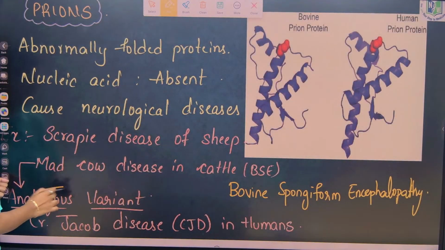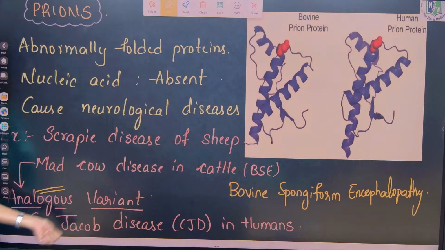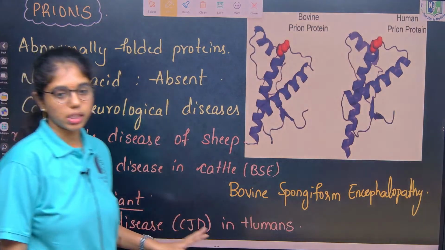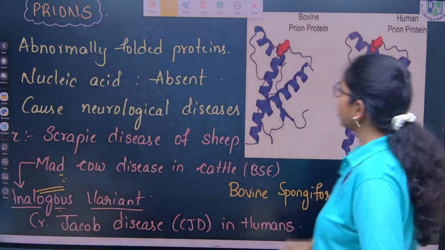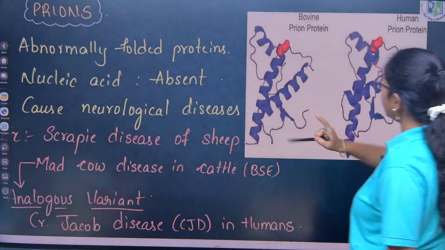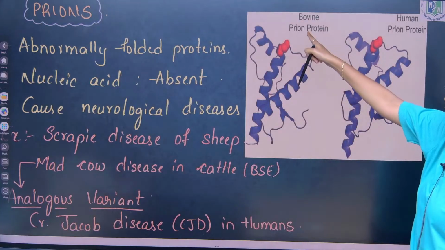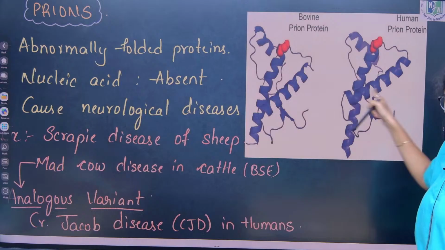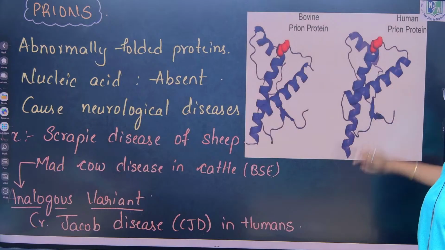And this has an analogous variant, that is Creutzfeldt-Jakob disease in humans. The analogous disease of mad cow disease which occurs in humans is called Creutzfeldt-Jakob disease. Clear? So these are the two variants. This is bovine prion protein, this is human prion protein. Can you see the analogous variants? Next.